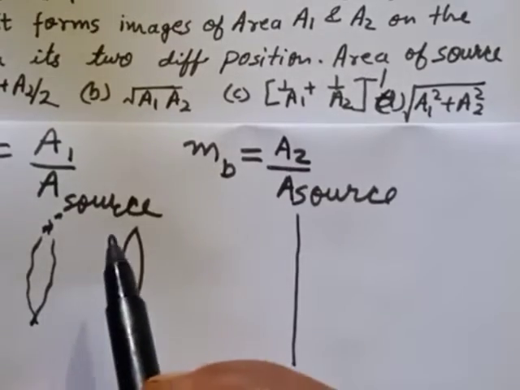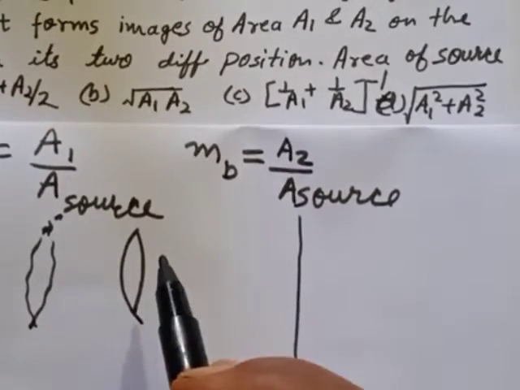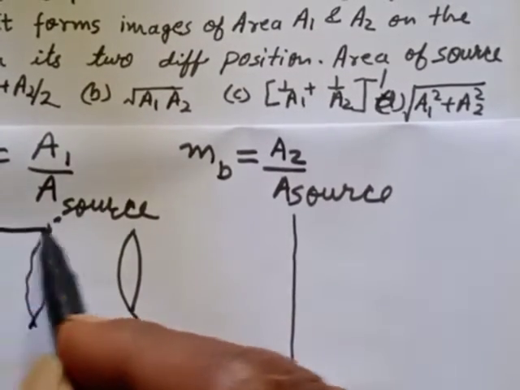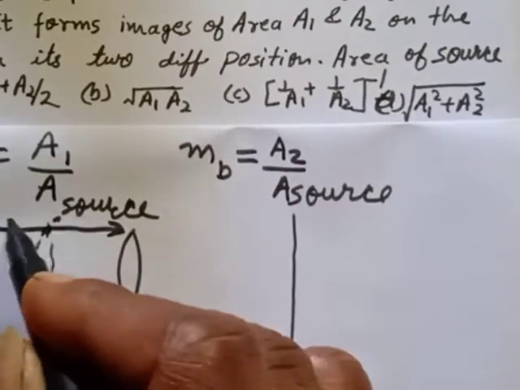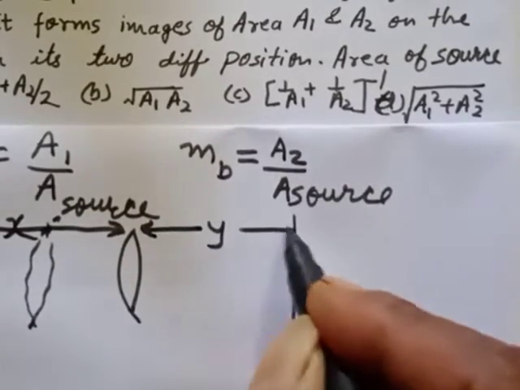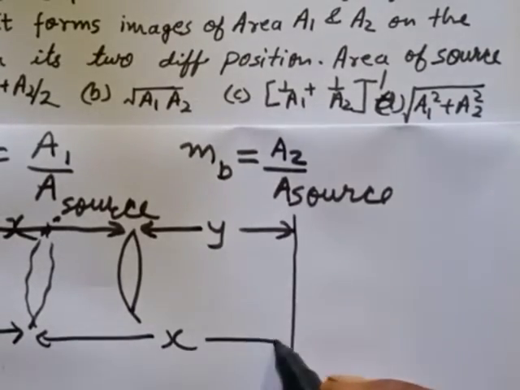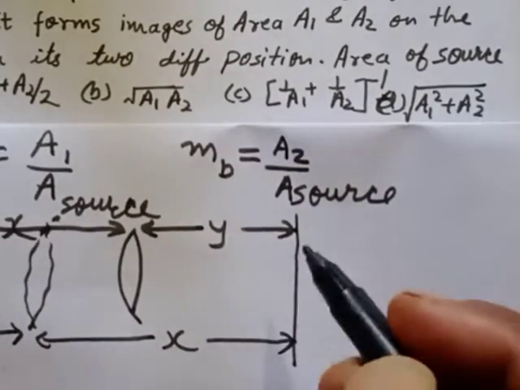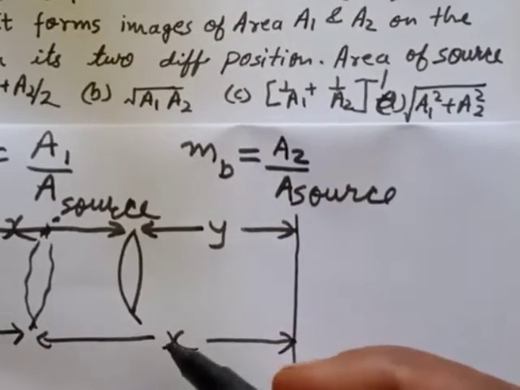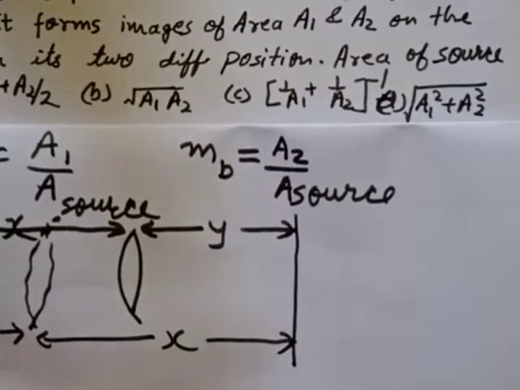Now it is only possible if this distance, let us suppose, is x and this is y, then if this is y, it will be x. So if they change their position in such a way, remember there are ray diagrams for convex lens in which we can see the situation get reversed when we place the object at certain positions.